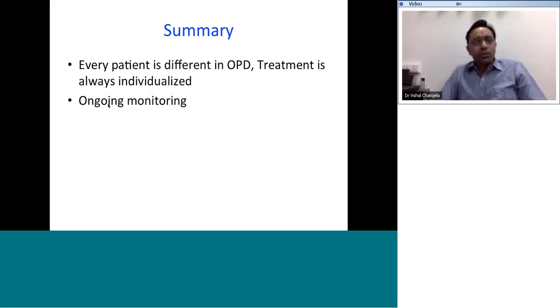So these are important, simple measures which help to treat patients optimally, and as a clinician we have to give them advice whenever we are writing this medicine. We have to make them aware about all these things which we have discussed.